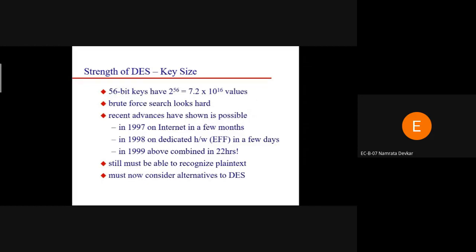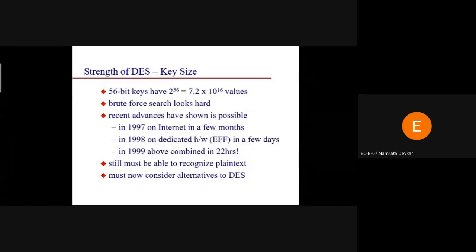As there was advancement in technology and the internet, use of the algorithm increased. In 1998, specific hardware for this algorithm was designed and it could be installed on various devices.